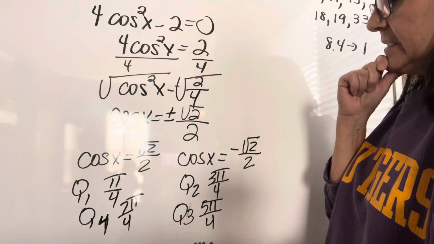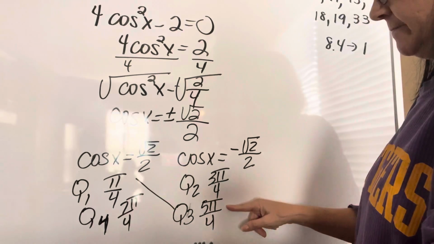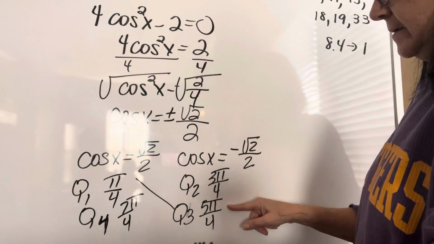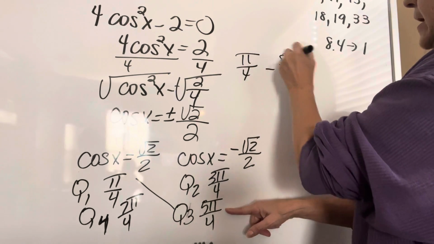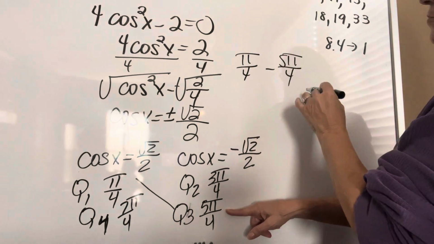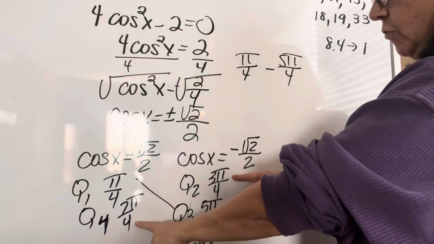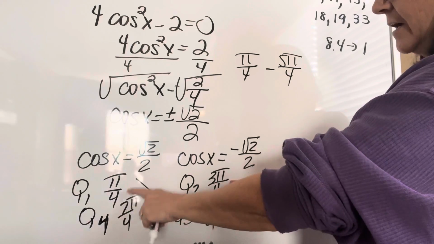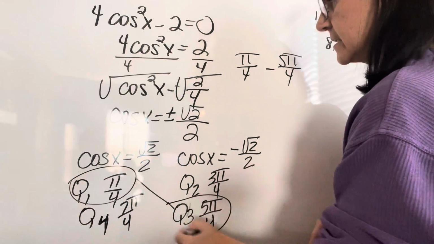All right, so really the distance here from quadrant 1 to quadrant 3 is pi. So pi over 4 to 5 pi over 4 is actually just 1 pi. All right, so the distance here is pi, and that's 4 pi over 4. So I just need these. These are duplicates.